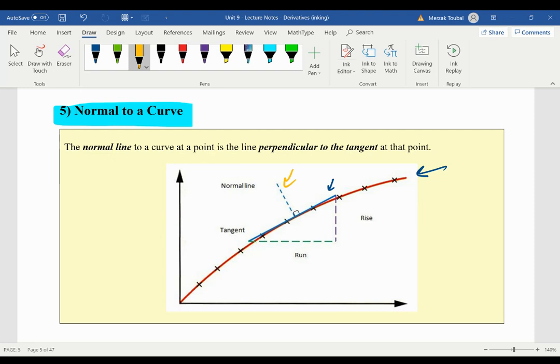So if you have the slope of the tangent line, then writing the equation of the normal line becomes algebra 1 kind of problems. If we know the tangent line slope, the normal line would be the negative reciprocal, and it's the same point at the point of tangency, so all you have to do is use the point and the slope.